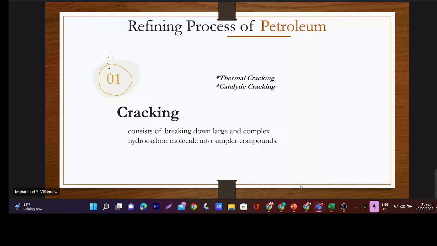And it is heated at 550 degrees Celsius po. Mostly, yung mga nagagawa po dito, mga short-chain alkanes po.